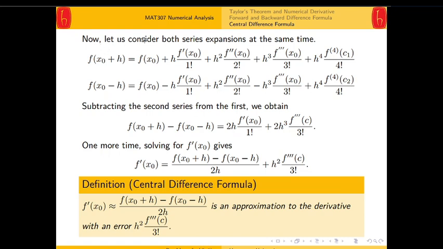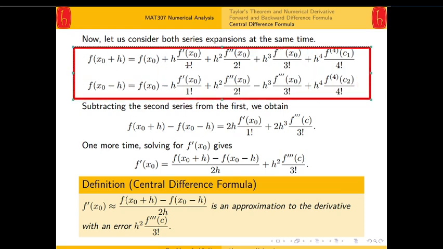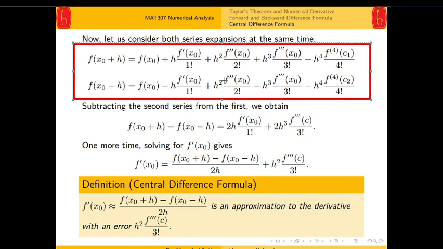Okay, now let us consider both series expansions at the same time. This was the first Taylor series expansion, and this was the second. If we consider them at the same time, and subtract the second series from the first one, then we obtain this minus that is equal to this minus that.